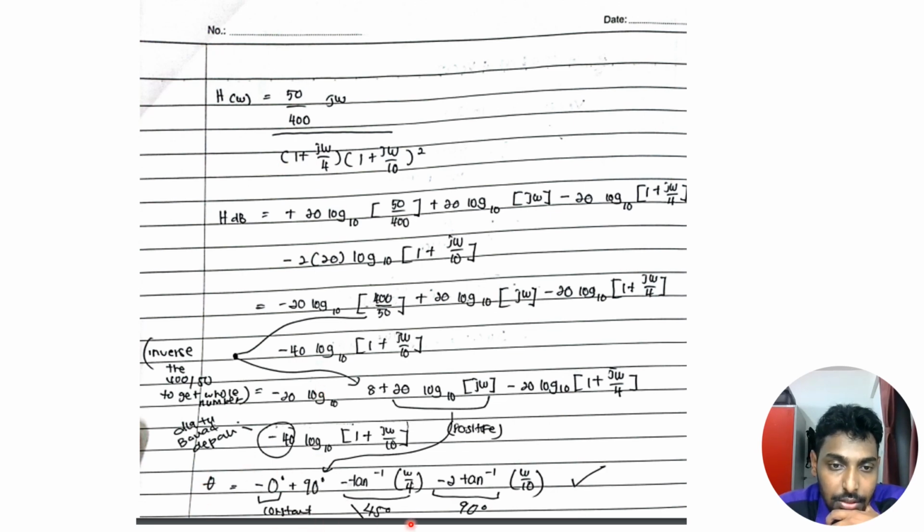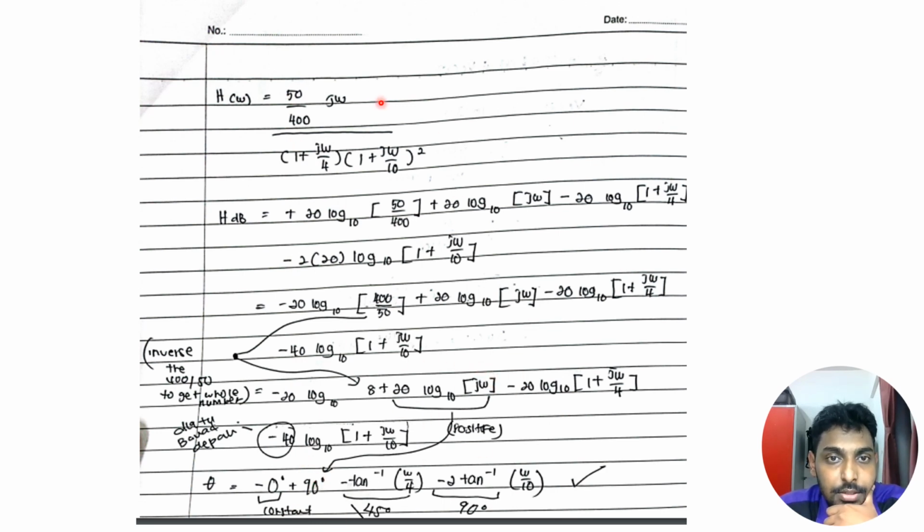So for the phase, we got the 0 degree from the constant of 50 divided by 400, and 90 degree from the 20 log j omega.